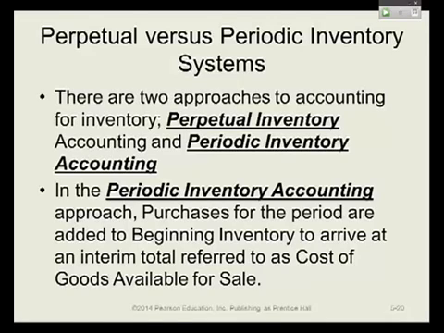So we're focusing right now on the quantities or the units that are in inventory. So the two systems that we can use are something known as a periodic system or a perpetual system.